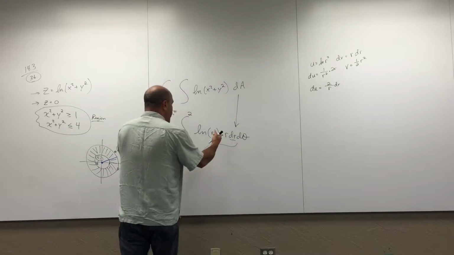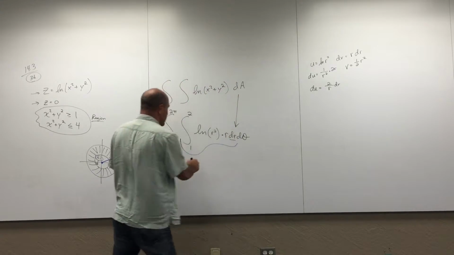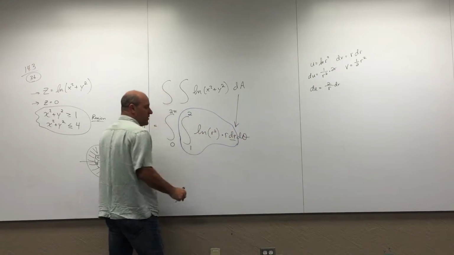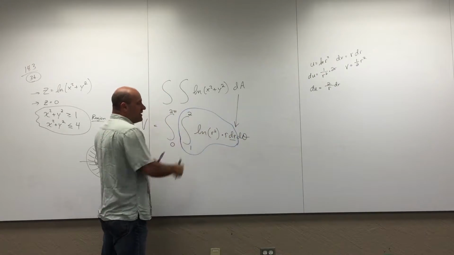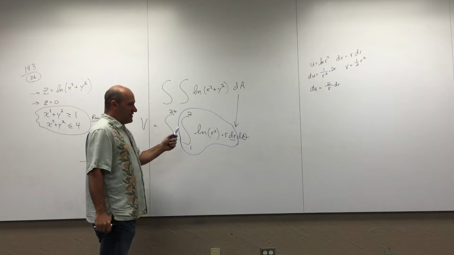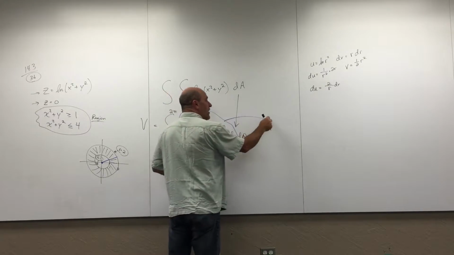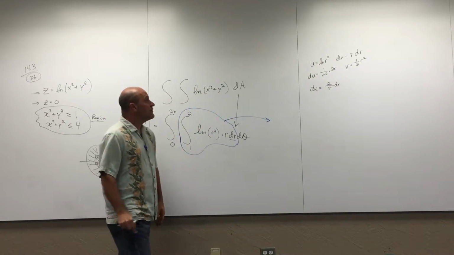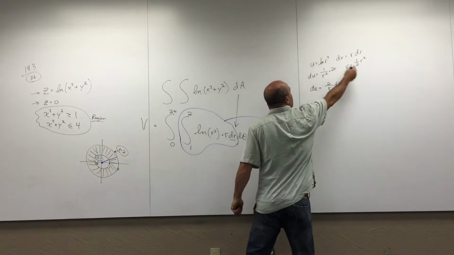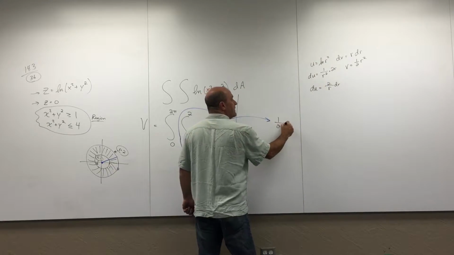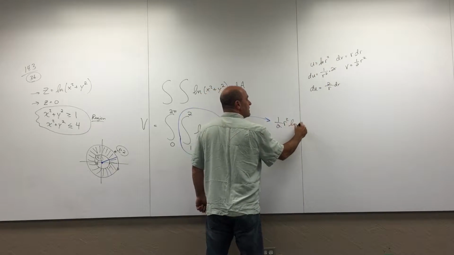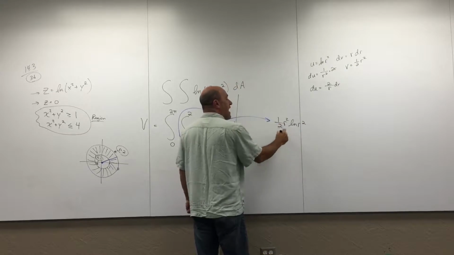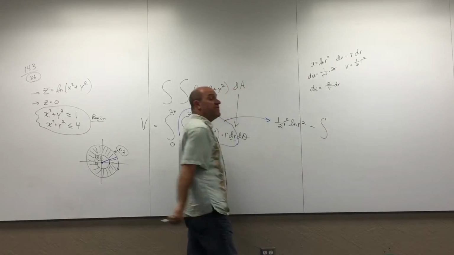When you do integration by parts, keep in mind I'm doing this inner integral. And according to the integration by parts rule, the answer is uv minus the integral of v du.